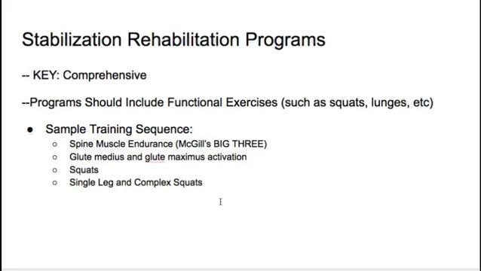The key of the stabilization exercise program is that it's comprehensive. Programs should include functional exercises such as squats and lunges as well, so they're activating the pelvic muscles in terms of the glutes and iliopsoas muscle groups.